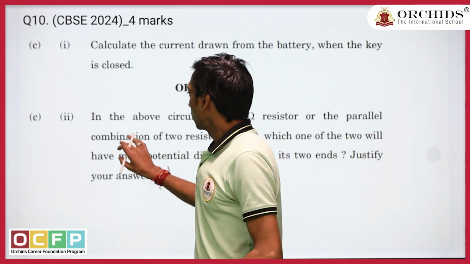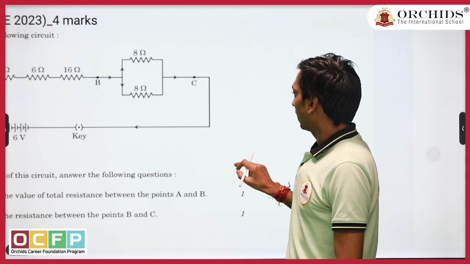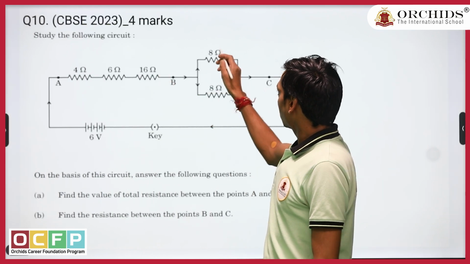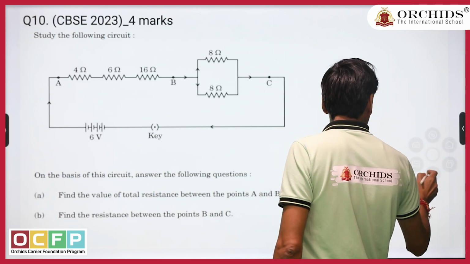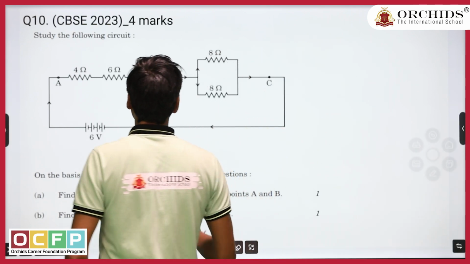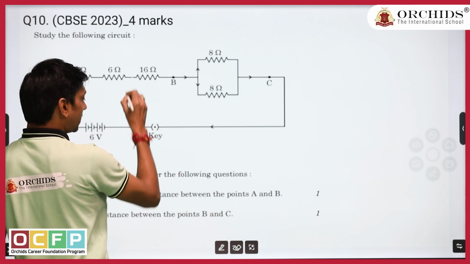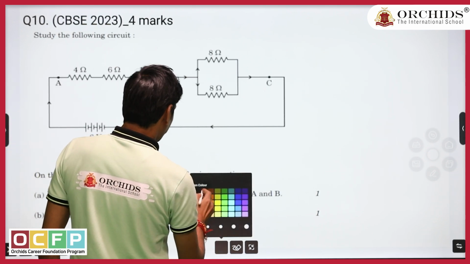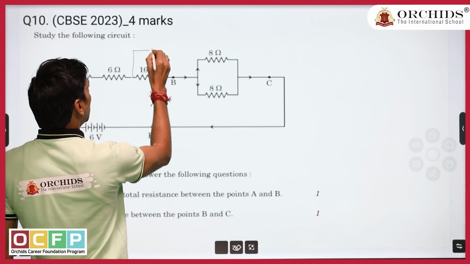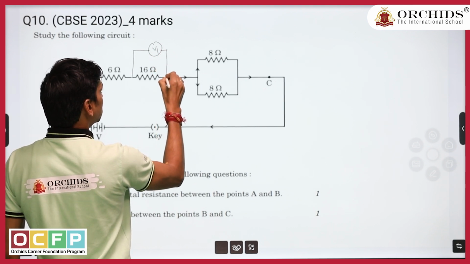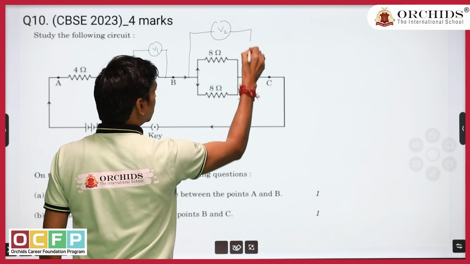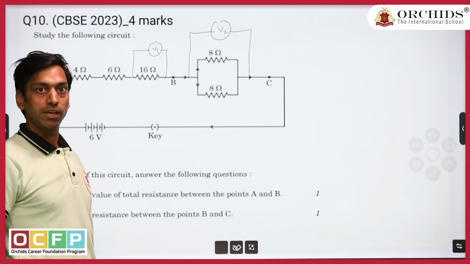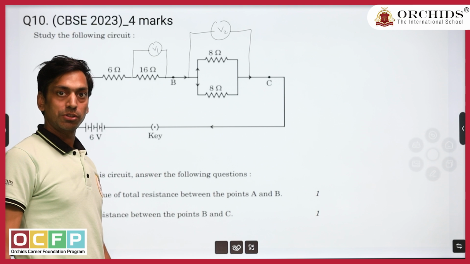So we need to check in which case we have more potential difference. We connect one voltmeter across the 16 ohm resistor, and another voltmeter, representing the V2 value, across the parallel combination of 8 ohm resistors.